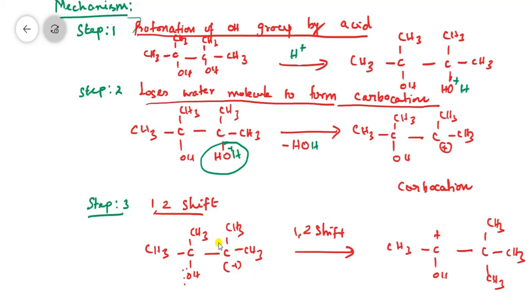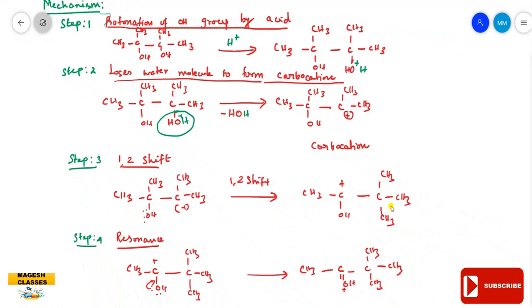Here it is a secondary carbocation. By shifting this methyl group to this place, you will get this CH3CH3CH. So a tertiary carbocation formation takes place. This is more stable, so the shift takes place. In the next step, resonance of this carbocation takes place. The lone pair electrons shift towards this area, so you get the protonated ketone.